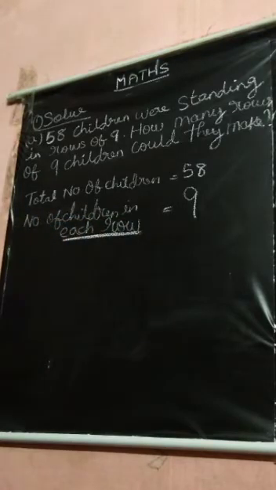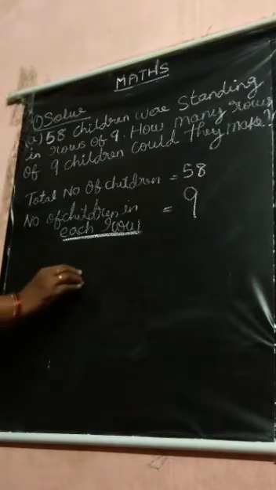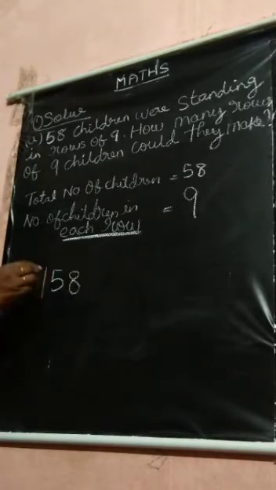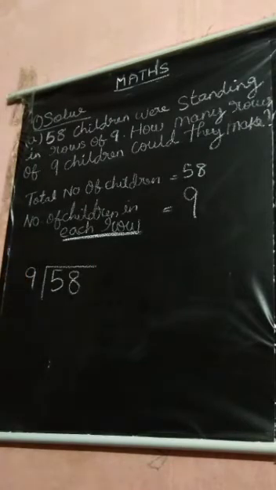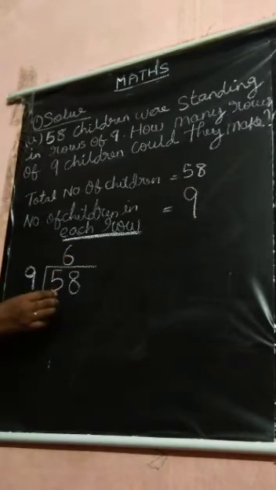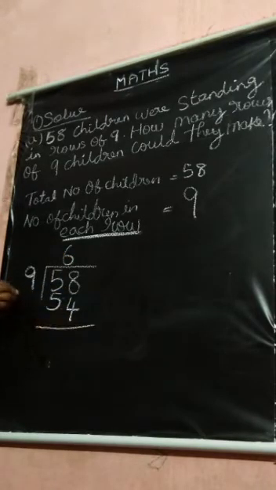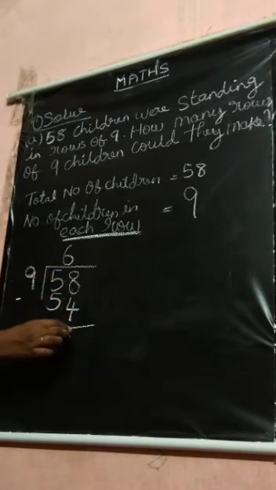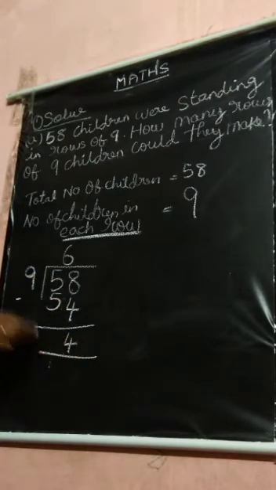Each row value is given, which means you are going to do the division. 9 sixes are 54. You subtract 58 minus 54, 4.